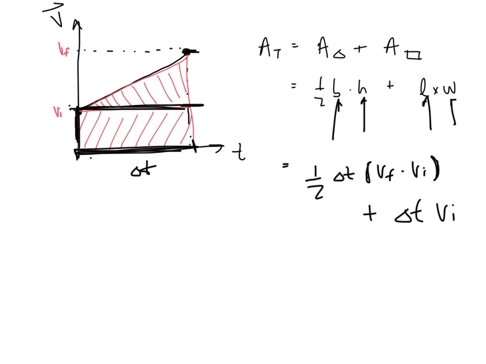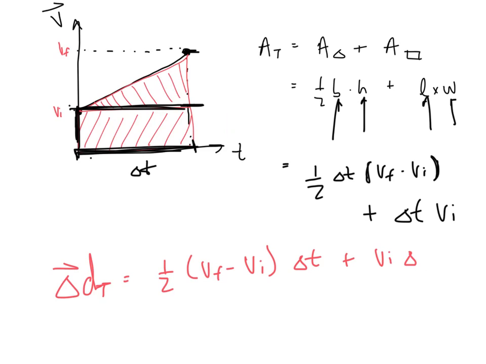So I'm going to rewrite this a little nicer. We know that area is displacement, so instead of writing area total, I'm going to write displacement total, and that's going to be equal to 1/2 (vf subtract vi) delta t plus vi delta t. Okay, let's put a box around that.